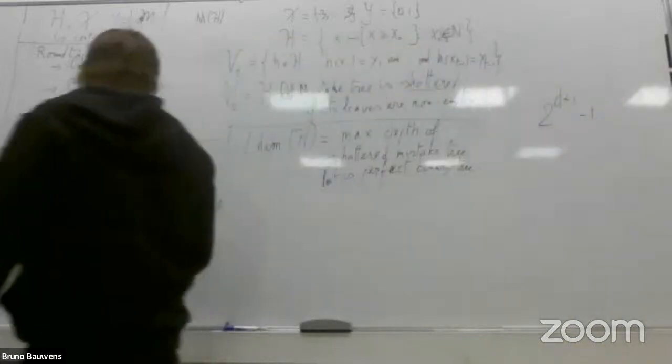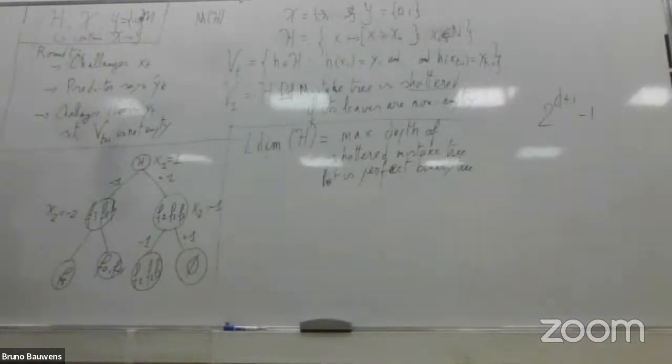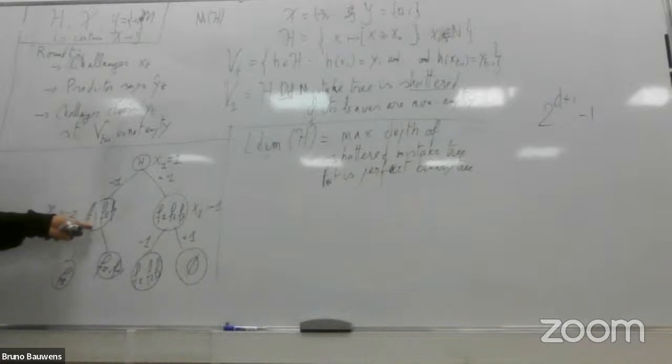So if we have a mistake tree, a mistake tree defines a strategy for challenger. For example, whenever a node has two children that are non-empty, challenger can enforce a mistake by making the corresponding move, right?